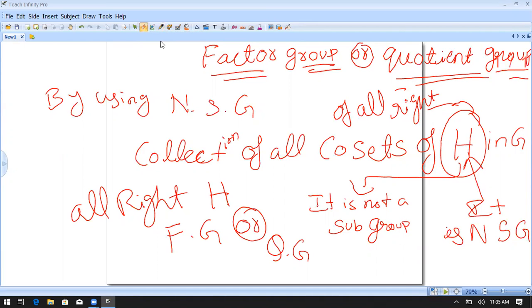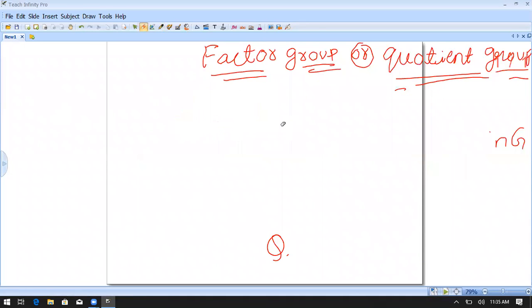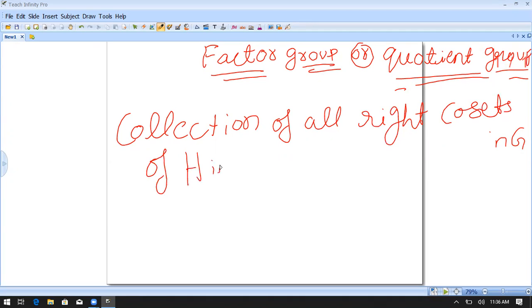Let me say it once again. The collection of all right cosets of H in G is called a factor of a group or a quotient of a group.